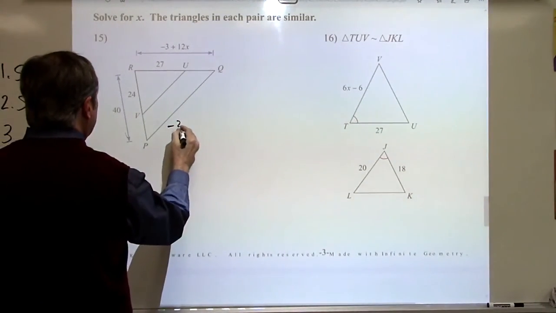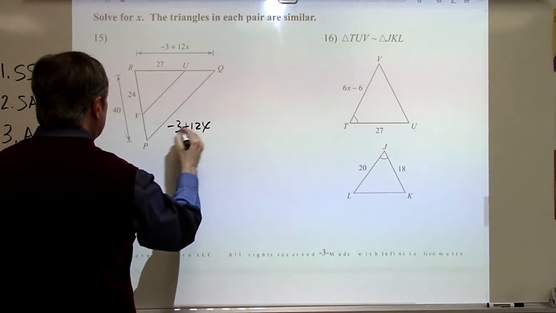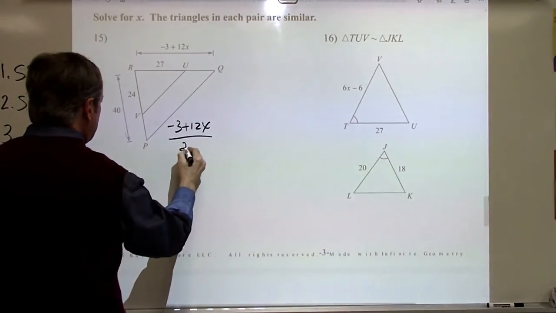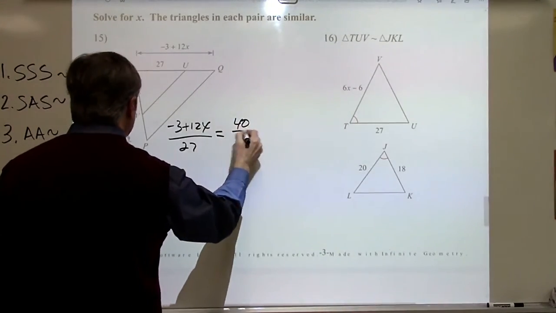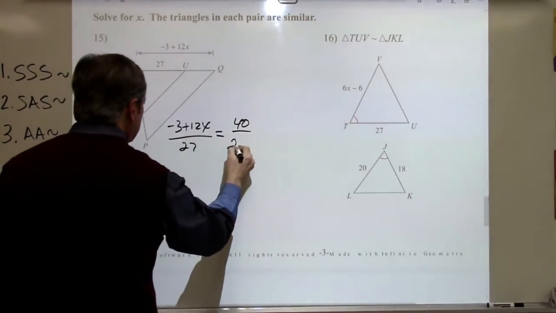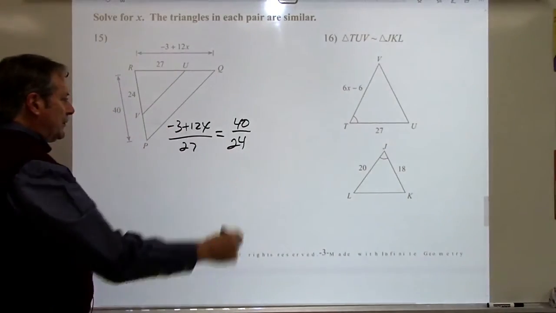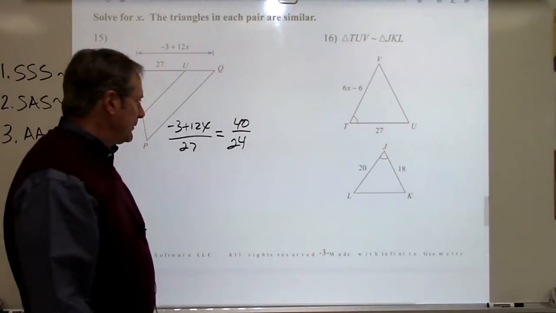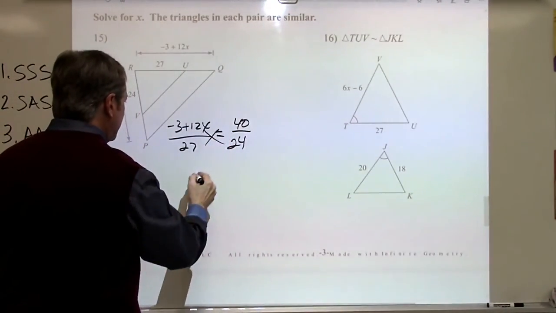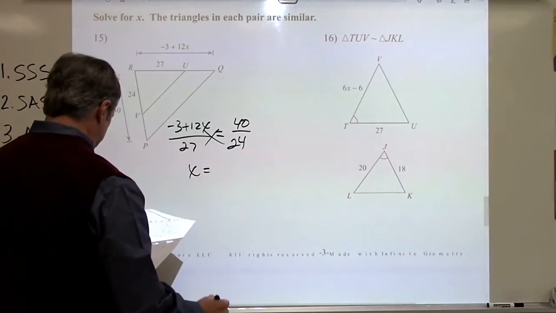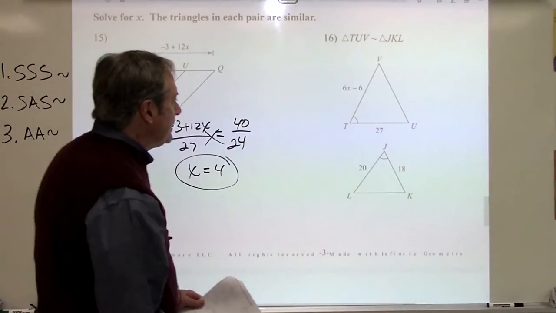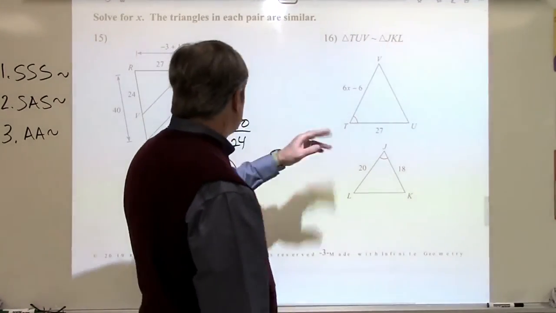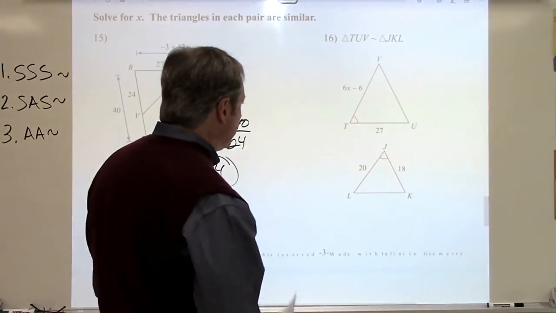So we can go negative 3 plus 12x compared to the shorter length, 27, would be the same proportion as 40 compared to 24. Now, you've got to use the distributive property. You're dealing with some fairly big numbers, but after you cross multiply and solve for x, you get that x is the number 4.